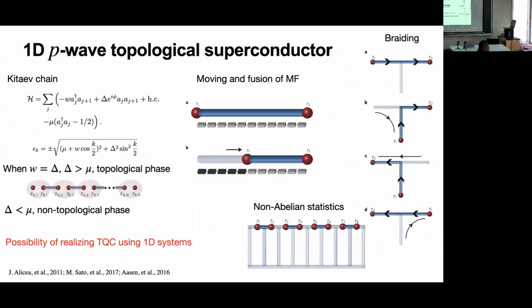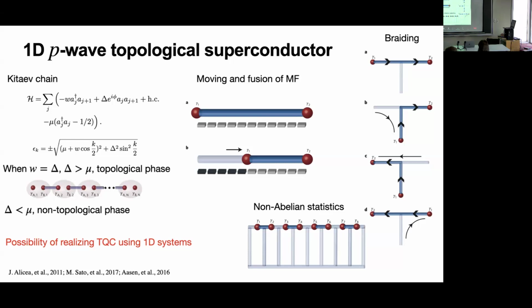Each site j carries a_j dagger and a_j, which are the creation and annihilation operators for an electron at the given site. The Kitaev chain has hopping terms, a superconducting pairing term, and then a chemical potential. This model is exactly solvable.